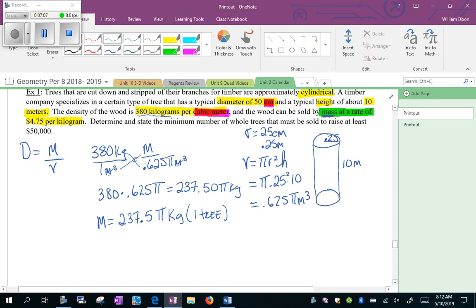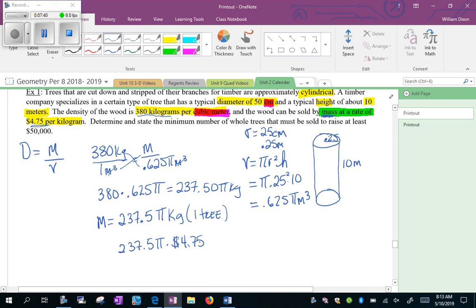Now what we can do is take that mass and multiply it by $4.75 to see what our total is going to be. Our mass, 237.5 pi, times $4.75.